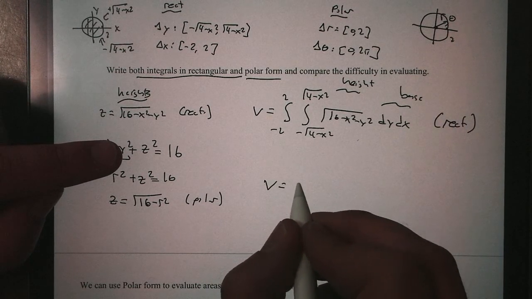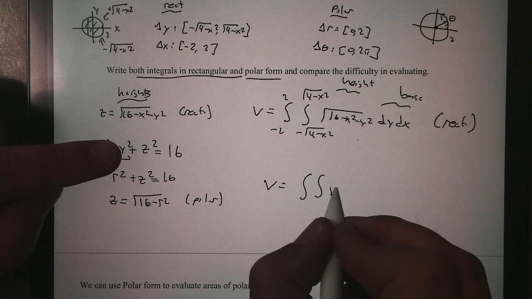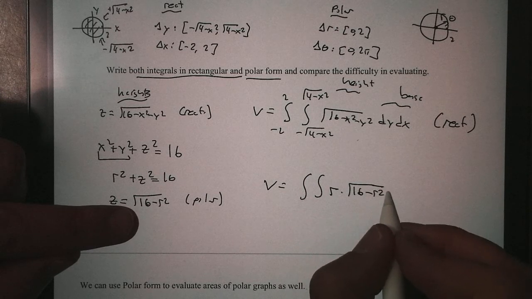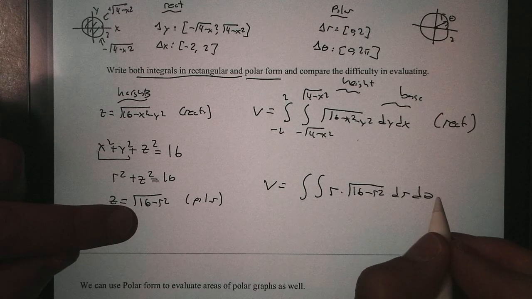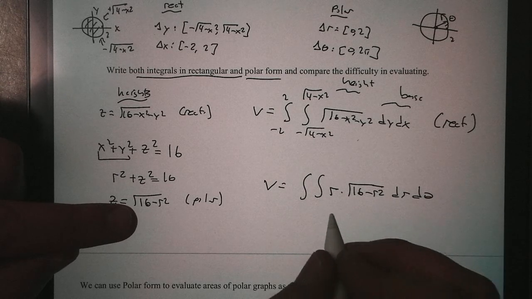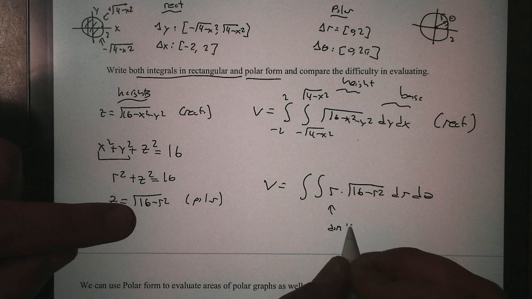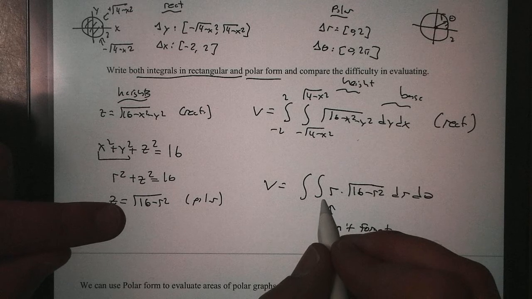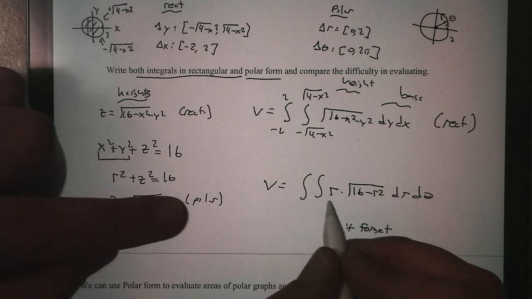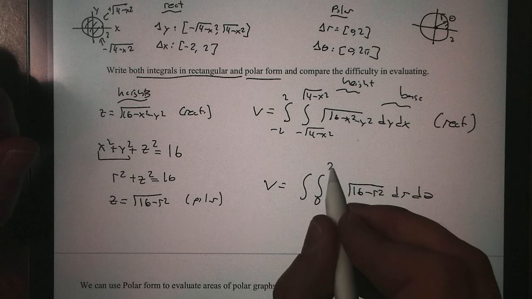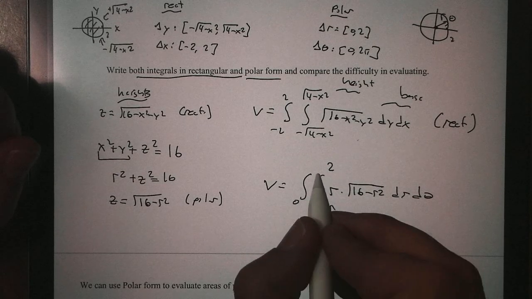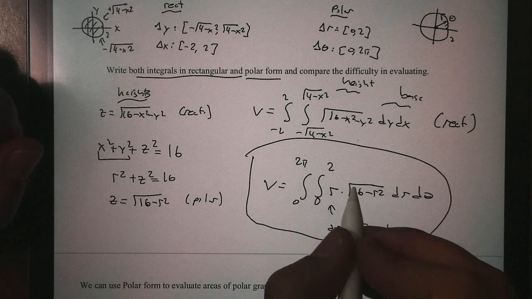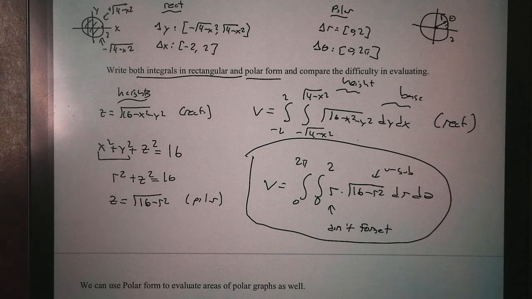In polar form, same idea, but remember we can have this r times the square root of my height, 16 minus r squared, dr d theta. Don't forget the r. So integrating now, my change in radius goes from 0 to 2, and my change in theta goes from 0 to 2 pi. Now, which one of these would be easier to solve? This one, because you can just use substitution to solve that one right there.